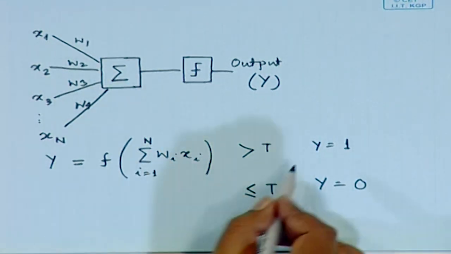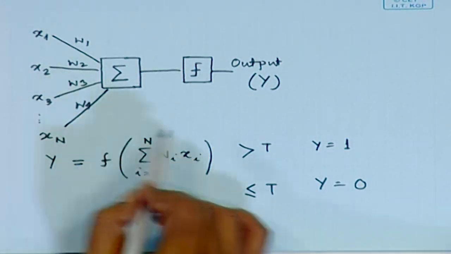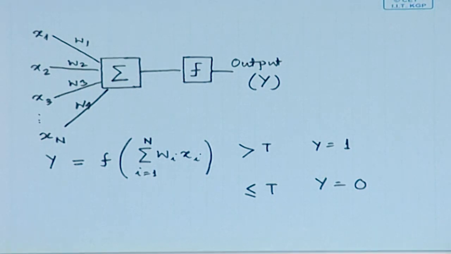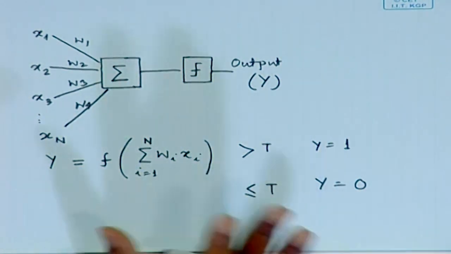Having this kind of functionality, you find that it has a very close similarity with one of the linear discriminators that we have designed earlier. We have said that if g(x) is greater than 0, it belongs to some class, and if it is less than 0, it belongs to some other class.